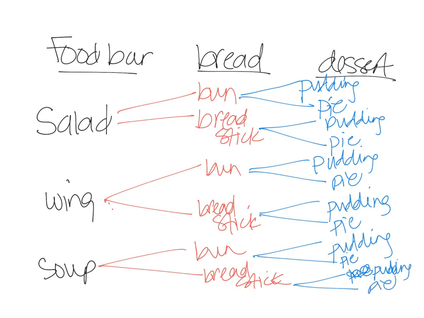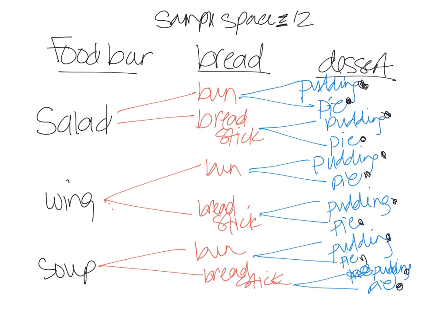All right, so then I can go through and I can count how many total outcomes I have. 1, 2, 3, 4, 5, 6, 7, 8, 9, 10, 11, 12. So my sample space is 12. The question on the previous page said, what is the probability that I pick salad bar? So let's look and see how many options here have salad bar. Well, these all have salad bar.